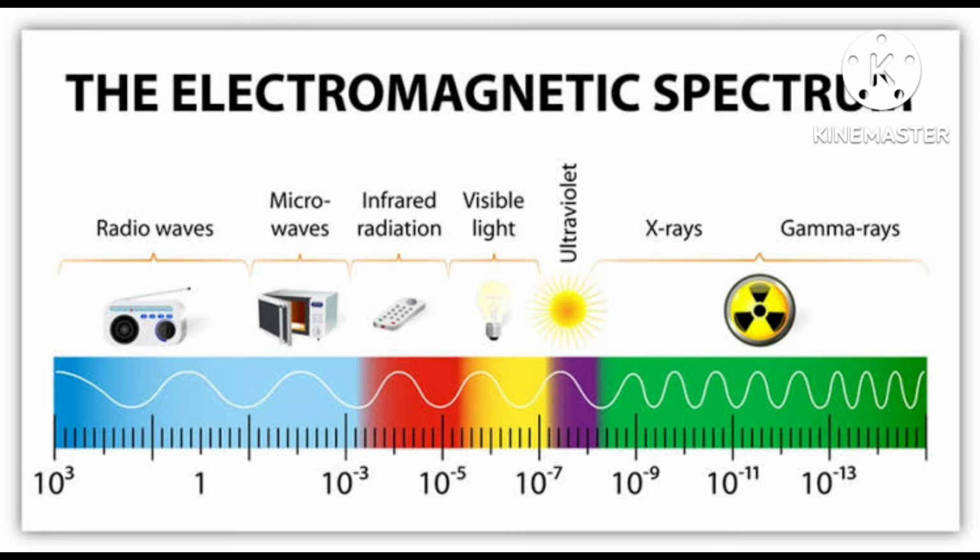The question is like this: the wavelength range of the visible spectrum extends from violet, 400 nanometer, to red, 750 nanometer. It starts from violet 400 and goes up to red 750 nm. This is the range, 400 to 750 nm.